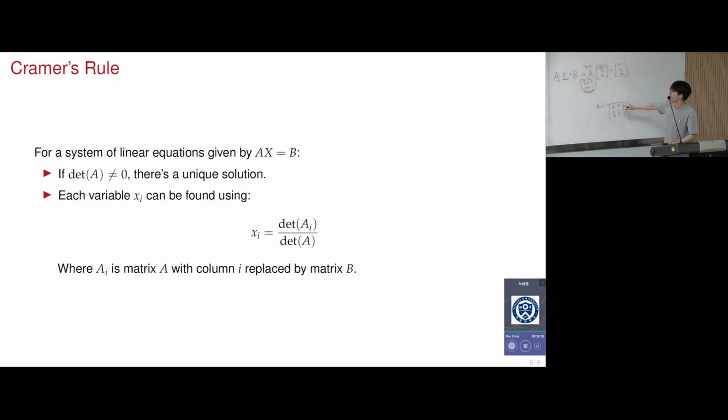So we have the determinant of A at the bottom, and on top we also have a determinant, but now there is a difference. Can you see what's different?